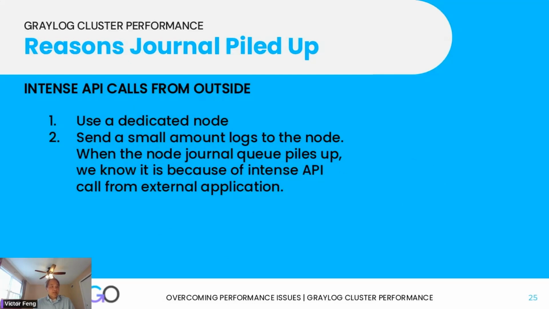The last reason is the intense API calls from outside applications. For our shop, we send Graylog alerts to Firefly. Firefly is a homegrown application, and it is a ticket managing system.